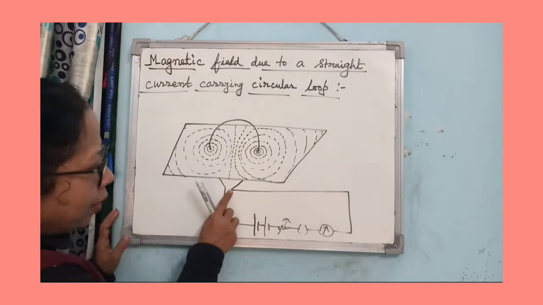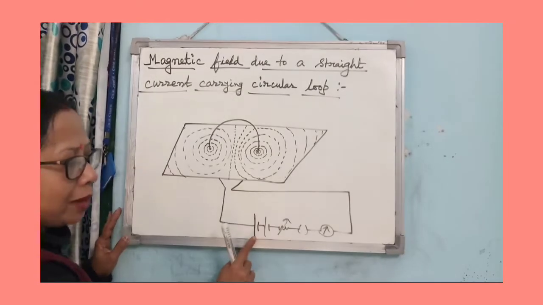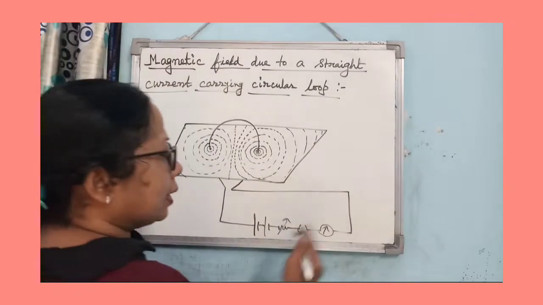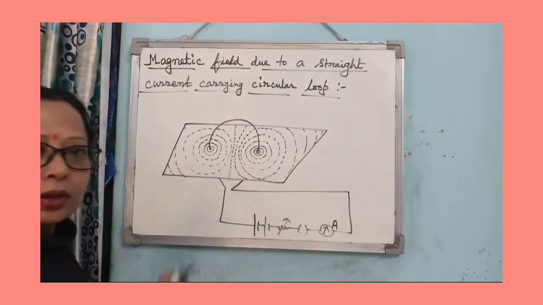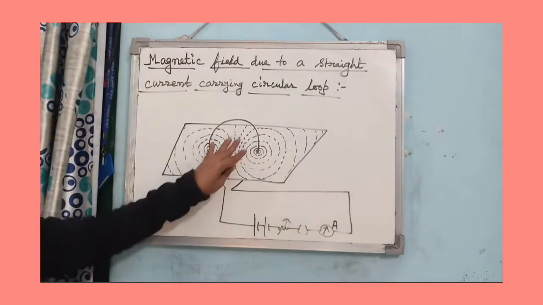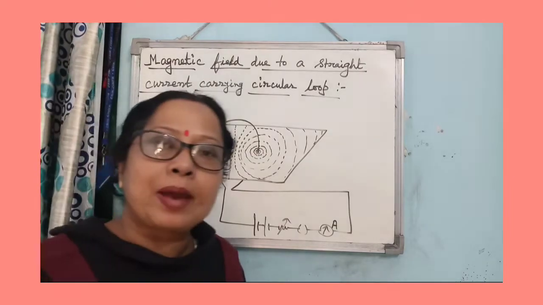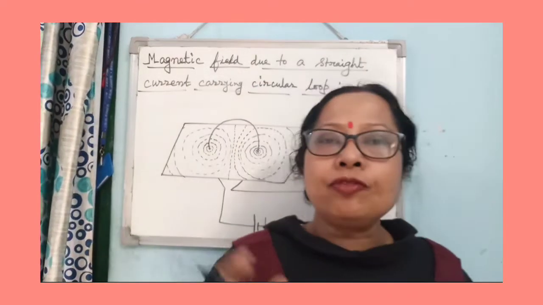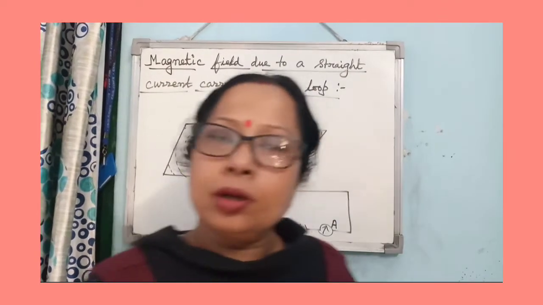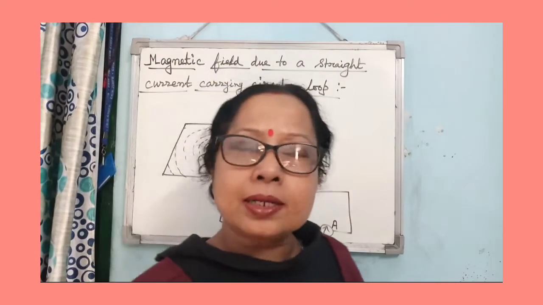At the 2 ends of the loop, connect one battery, rheostat, key and ammeter in series. So this is the circuit connection. Another point here, just like the previous experiment, spread a sufficient amount of iron filings on the cardboard. So this is the experimental setup.